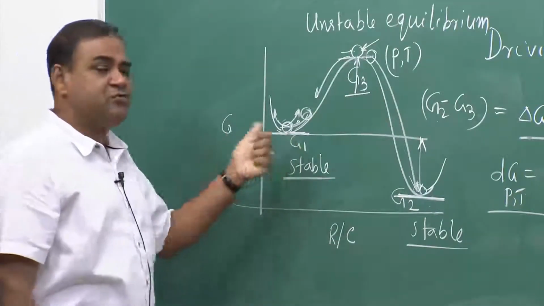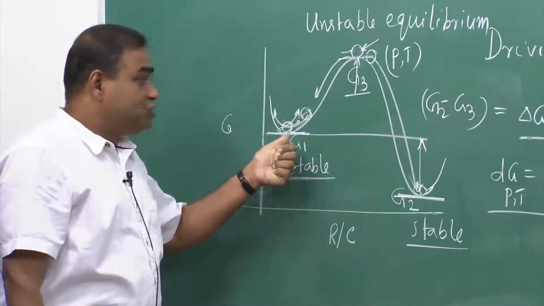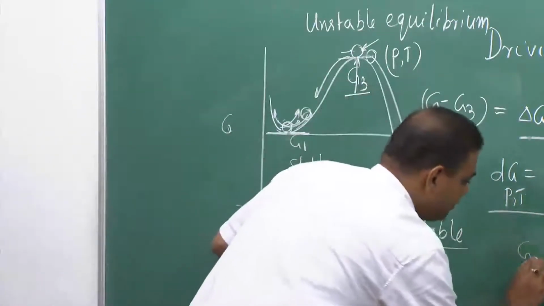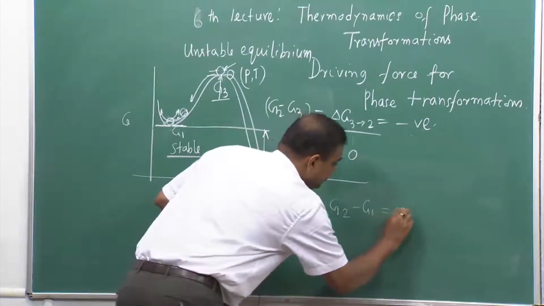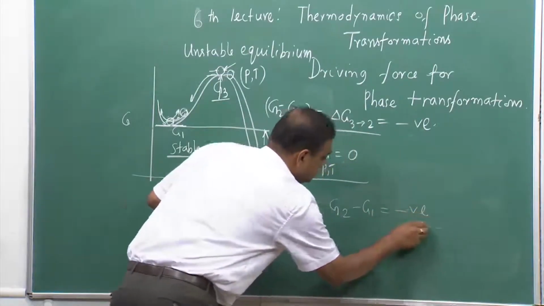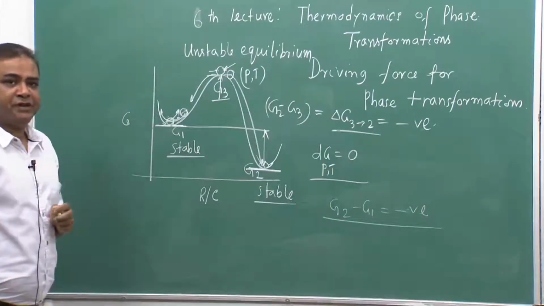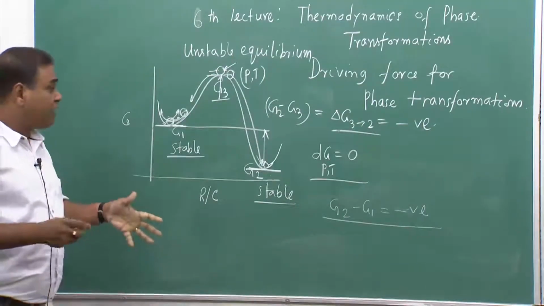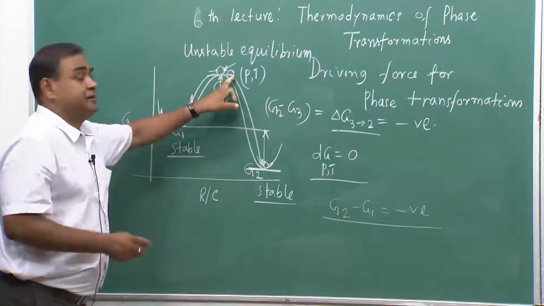Now, in this situation, though there is a spontaneity, that means though G2 minus G1 is negative, so there is a spontaneity, but this spontaneity is not a complete spontaneity like what we had here.